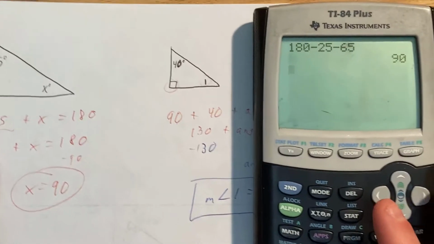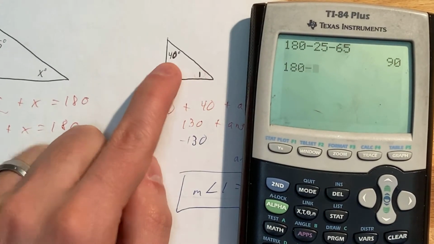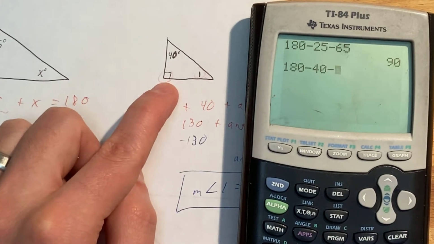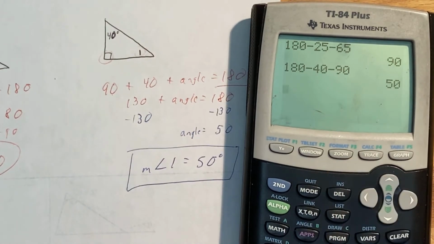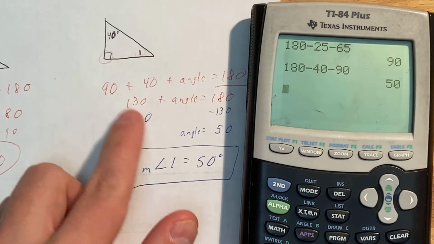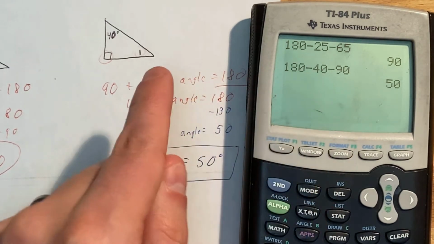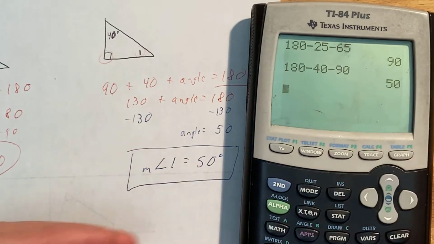And same thing over here, you start with 180 degrees, you get rid of this 40 degree angle, then you get rid of this 90 degree angle, and you get the 50 degrees that we got there. So you're still just doing the whole subtracting from both sides. It's just you're doing it in kind of one go. You're subtracting the 40, then the 90. It's a different way to think about it, but it's really the same thing.